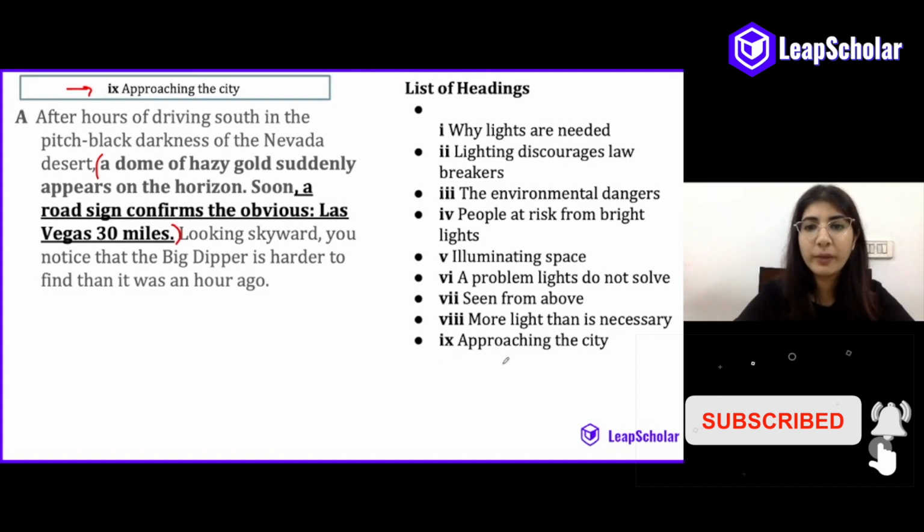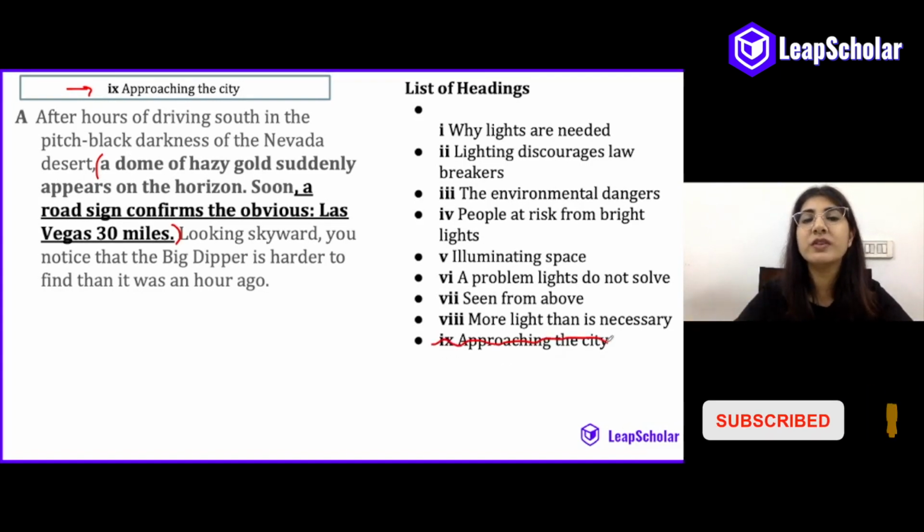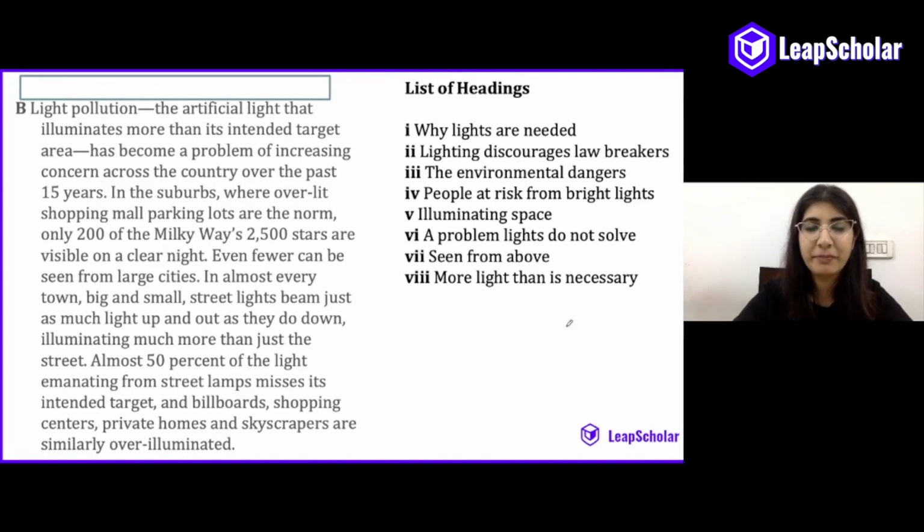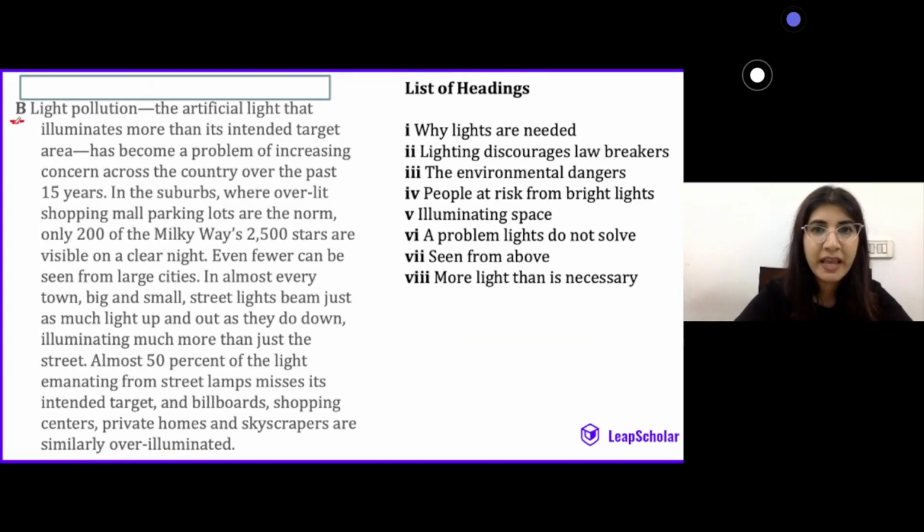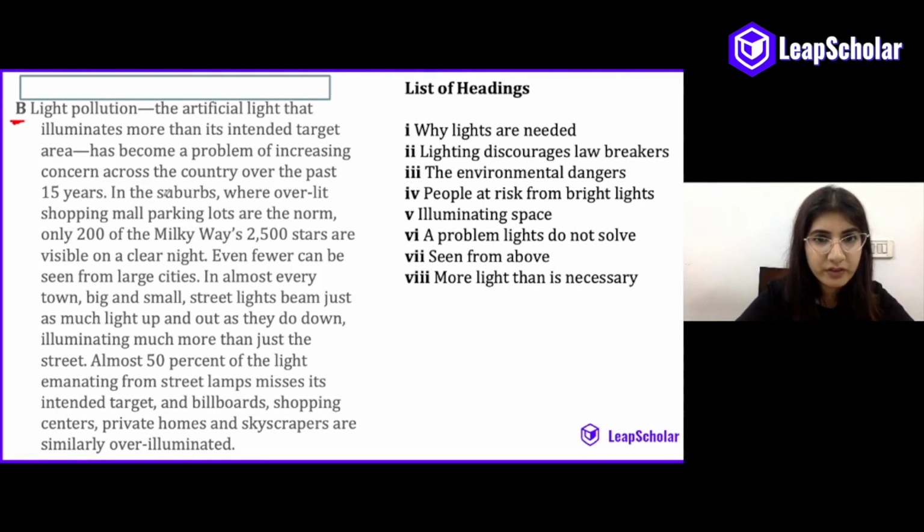So now what we do is we strike out this sentence and then we focus on the second paragraph. So let's look at the second paragraph, paragraph B. So let's read the first two sentences. As I said, only the first two sentences are important, and I'm going to remove the rest of the paragraph.